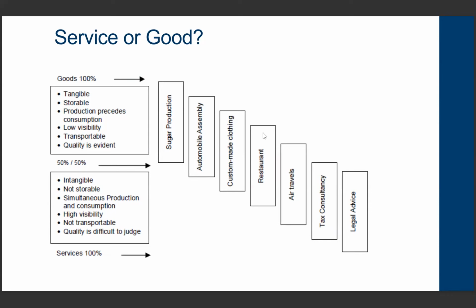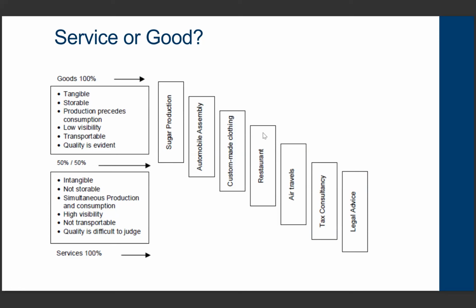For example, a restaurant. In a restaurant, 50% is service, 50% is good. That's why you have service charges mentioned in the restaurant bill, and then the food is mentioned separately. That's the goods you receive, and the services.